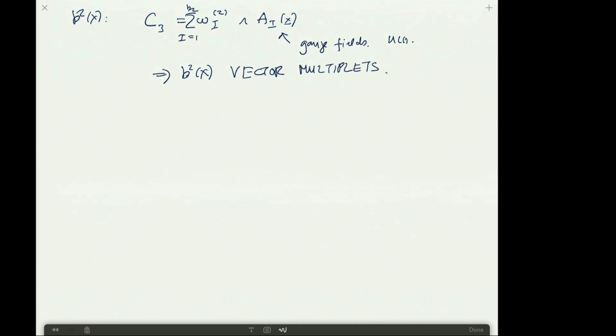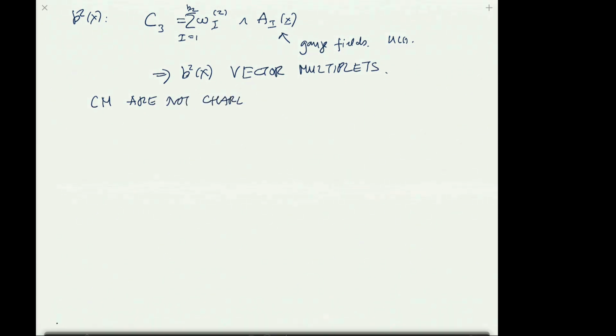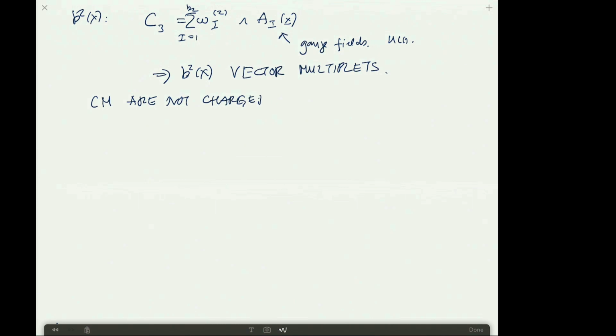And one other thing to note is that this is so far a completely boring theory because these chiral multiplets are not charged. These are U1 vector multiplets.